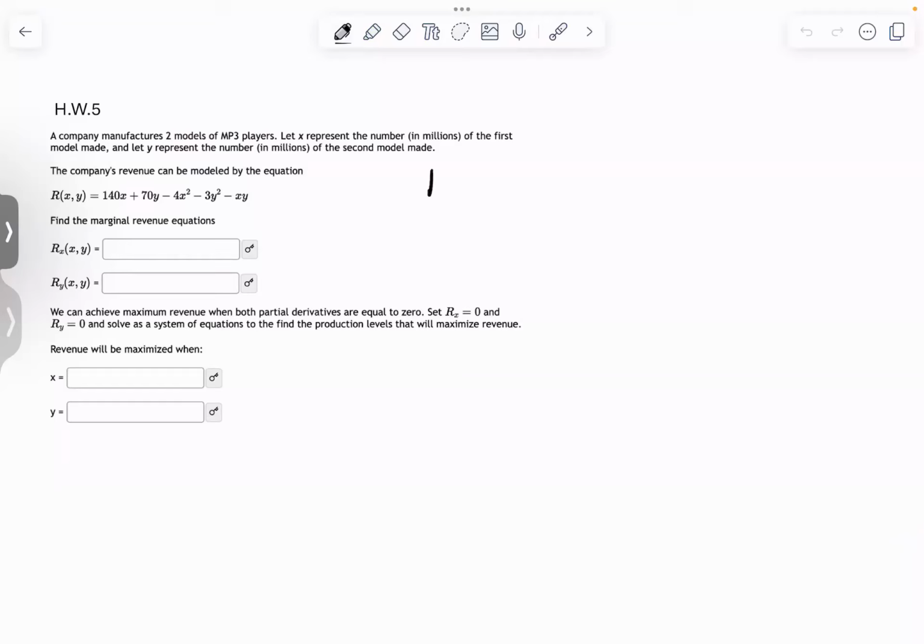So R sub x with respect to x only is going to be 140. 70y is gone. Minus 4x squared becomes 8x. 3y squared is 0. Derivative of xy with respect to x is just y. So 140 minus 8x minus y.